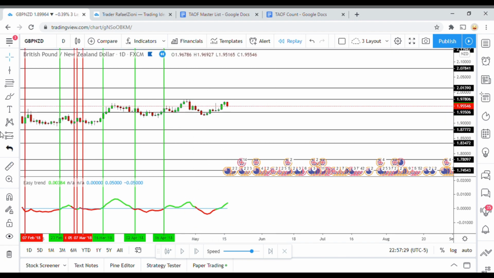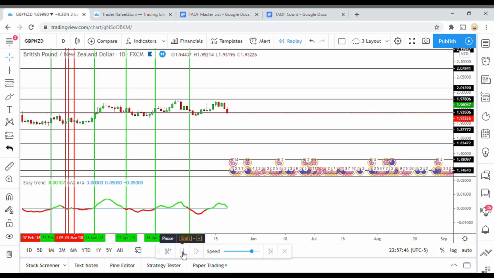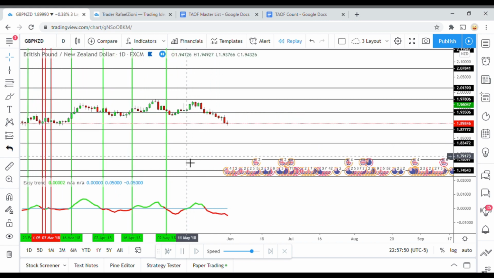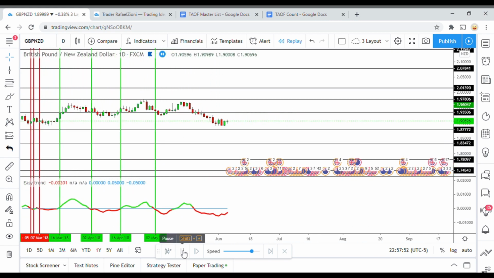That is another reason why trading market structure can be very difficult, because sometimes it does get in these little funks where it just doesn't want to move.